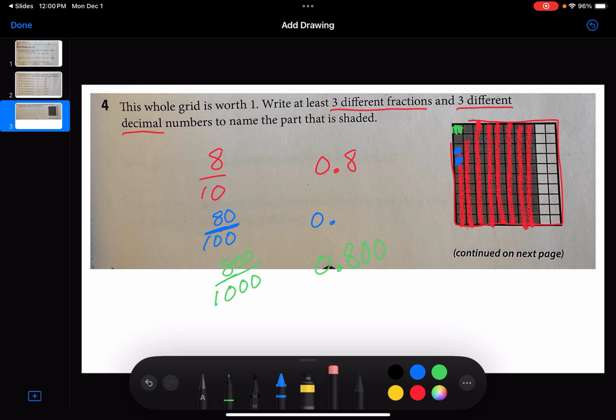This is 80 hundredths, so this should be 80. Sorry about that. 80 hundredths. Well, that makes sense. Let me think of another one. Let's see. 8 tenths is also 4 fifths because 8 divided by 2 is 4 and 10 divided by 2 is 5. Okay. So I could also make it be 16 twentieths because 8 tenths, 8 times 2 is 16 and 10 times 2 is 20.